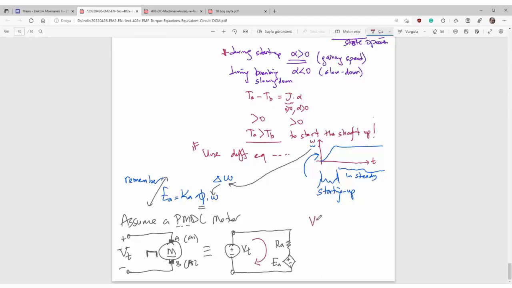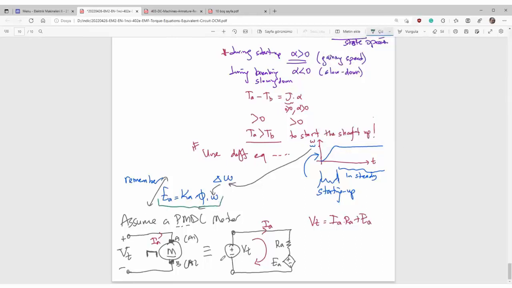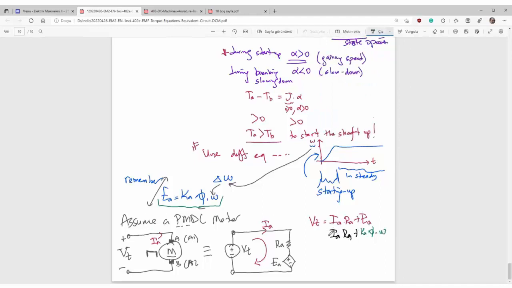Applied terminal voltage will be equal to armature current times RA plus EMF. Substitute the equation given here, Ka times flux times angular speed, plus current times RA, it makes VT. And then here you see the armature current is equal to VT minus Ka flux angular speed all over RA.